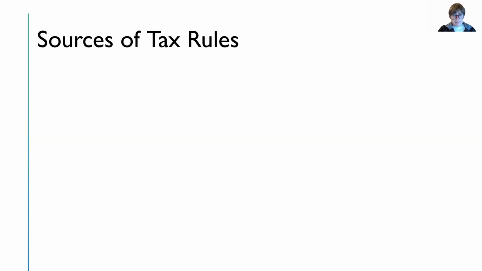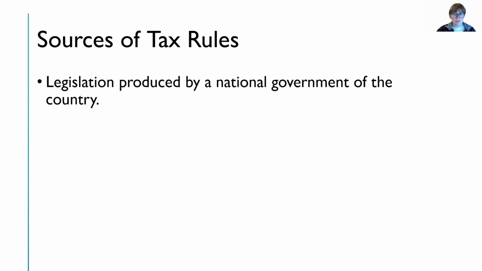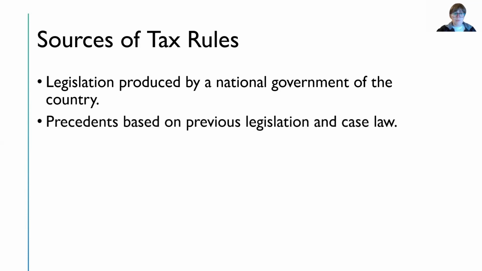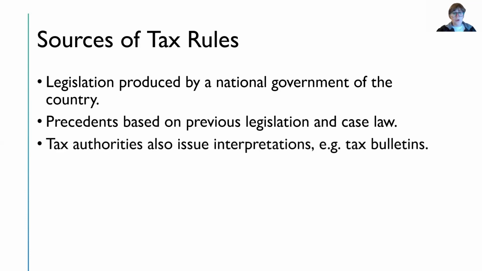Sources of tax rules then. So legislation produced by the national government of a country is one way in which tax rules can be seen. They could also be obtained through precedents based on previous legislation and case law. Tax authorities will also issue interpretations such as tax bulletins.